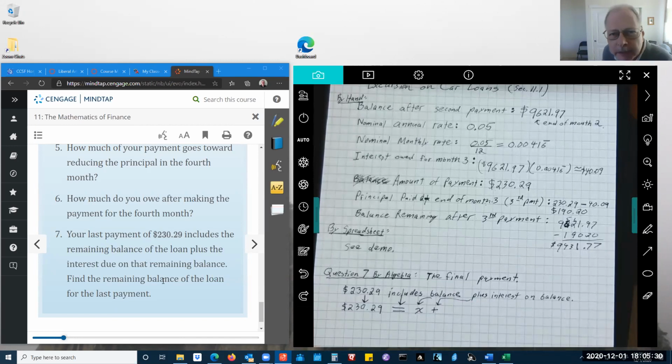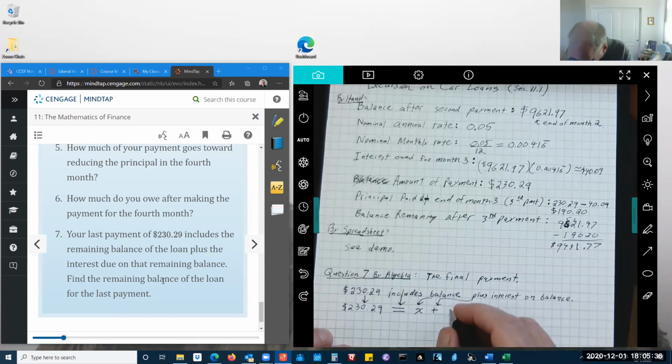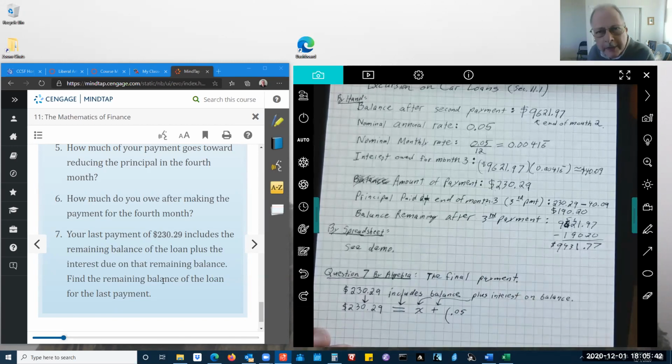So how could I possibly know the interest on the balance if I don't know the balance? You don't have to know the balance. The whole point of algebra is when you don't know it, you use a placeholder to stand for it.